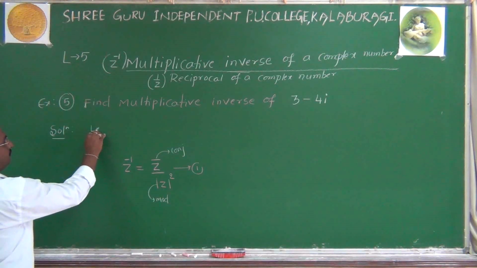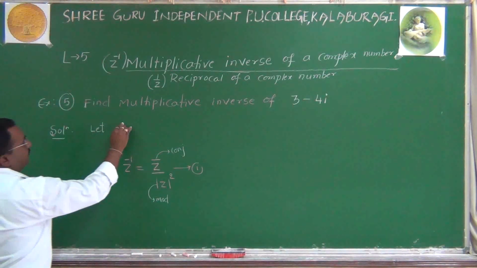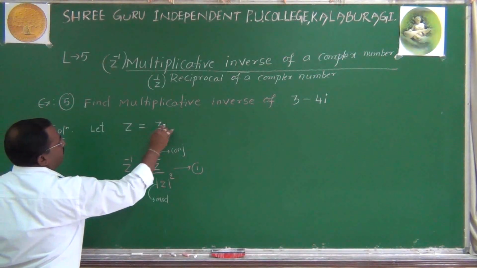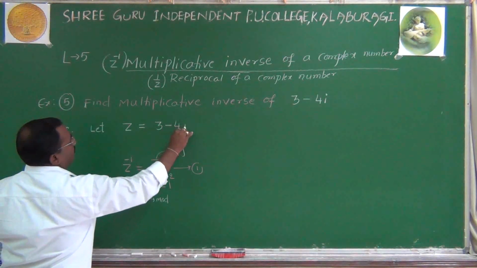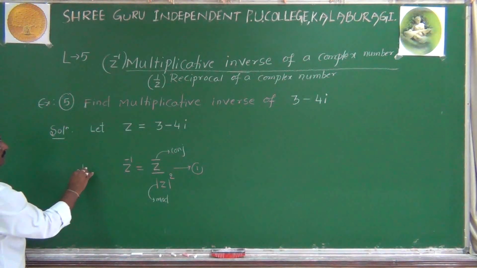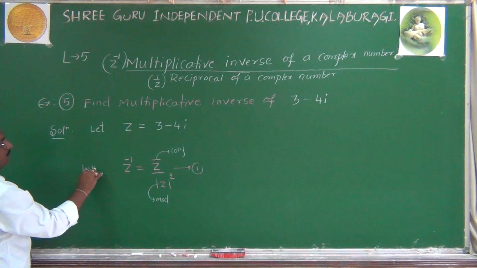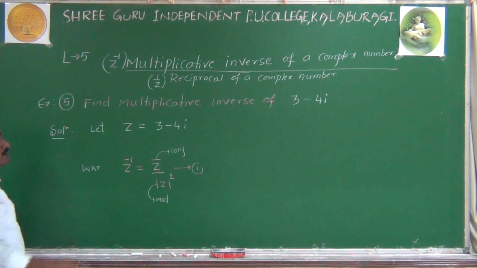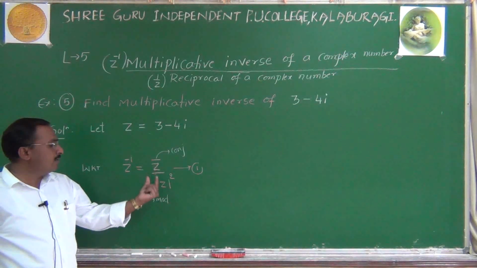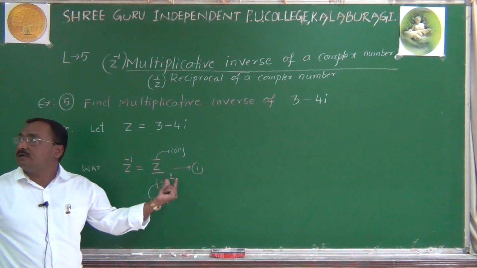Let z is equal to 3 minus 4i. This is the question. We know the multiplicative inverse formula: z multiplicative inverse is equal to z bar divided by modulus of z whole square.